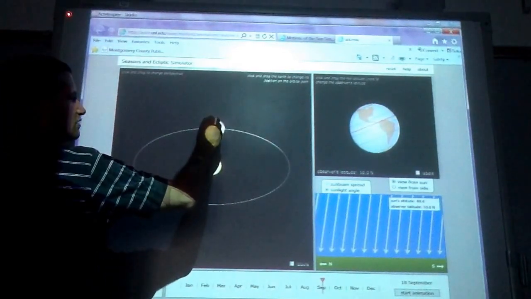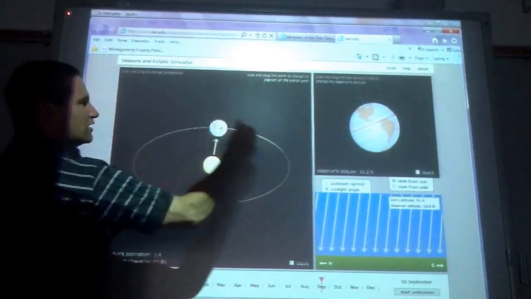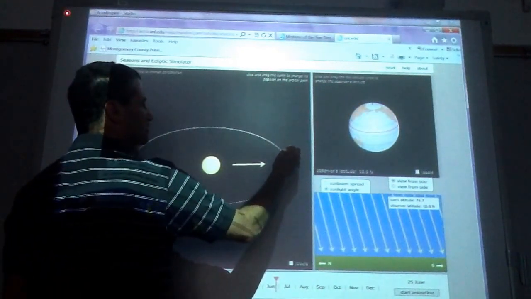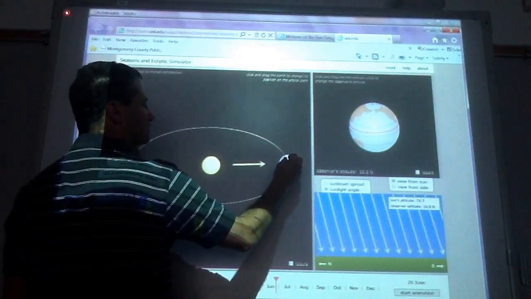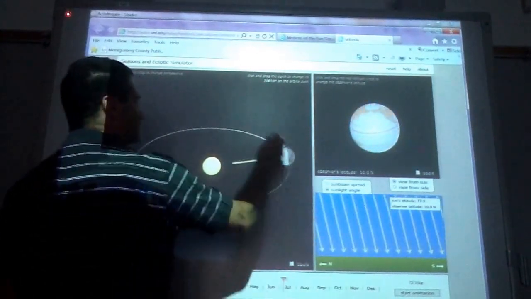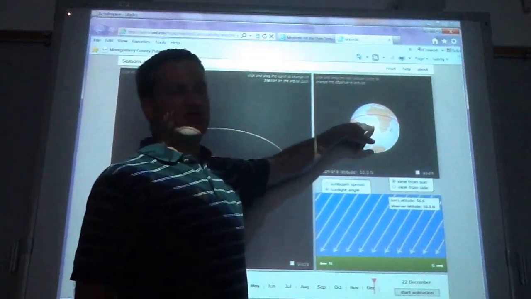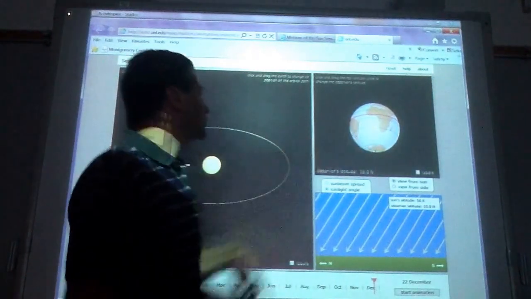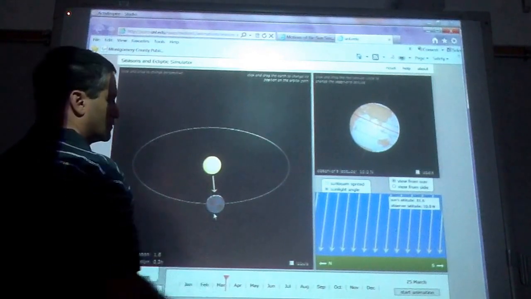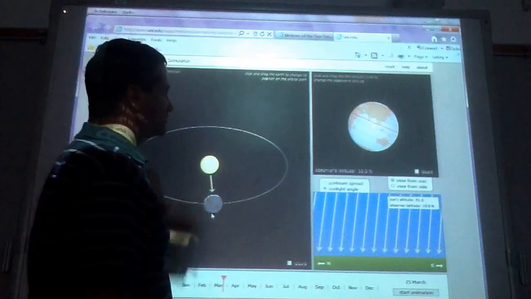So if we go fall, it's right on the equator. And then winter, the most direct rays are south of the equator. And then it's back on the equator again.